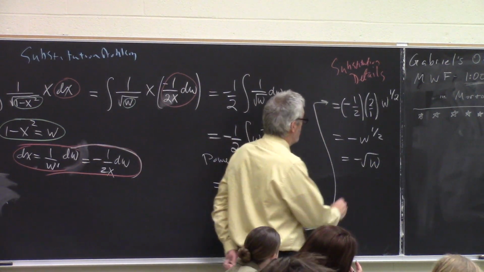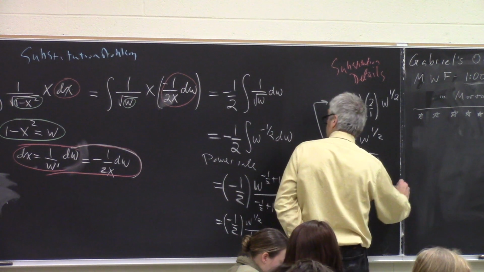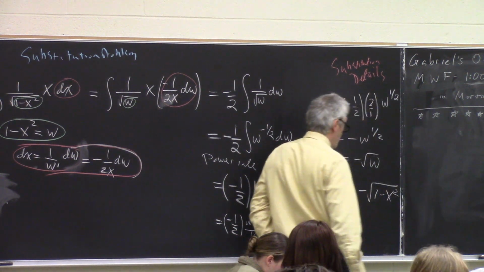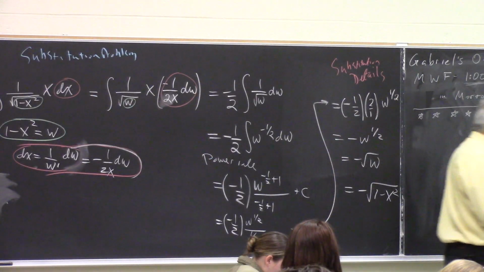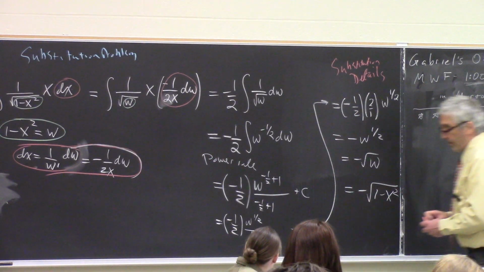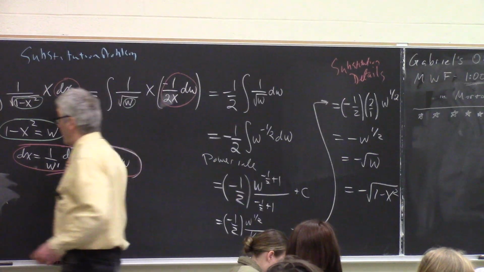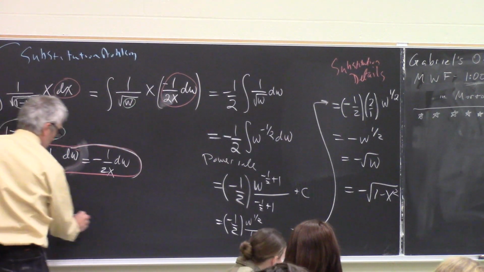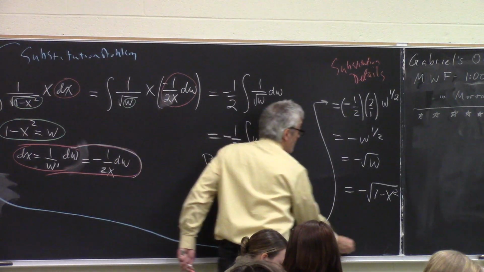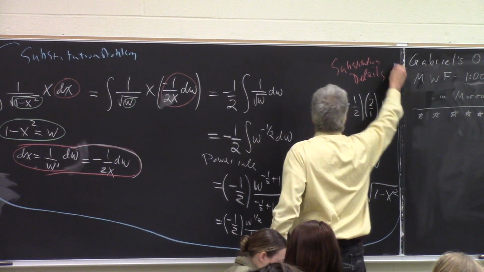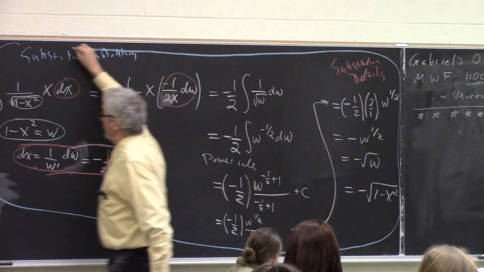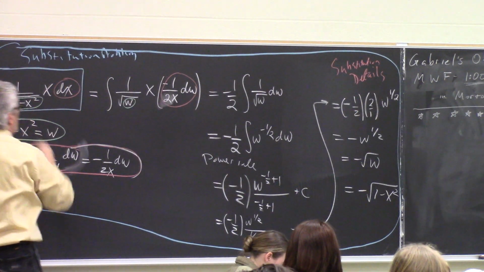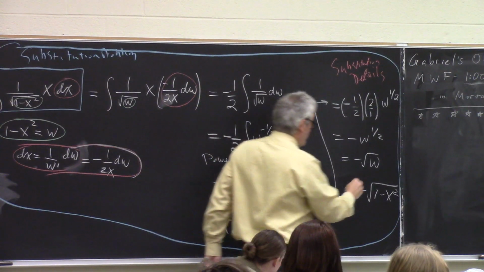But now I have to substitute back. Minus square root of 1 minus x squared. So all of that stuff is the substitution problem. It says that this integral here is equal to this.